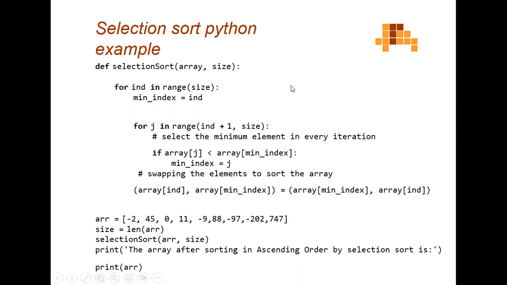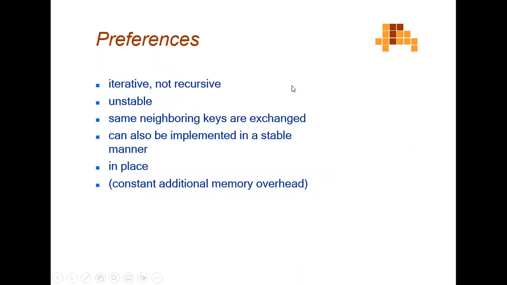Selection sort: I have another slide about its properties. It's iterative again. It can be unstable, so it can lead to problems, and it can also be problematic, not really trivial. It's in place again, which means I don't have to use additional memory.